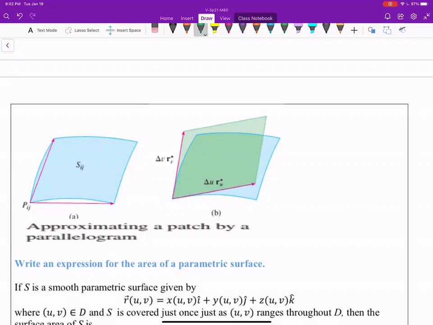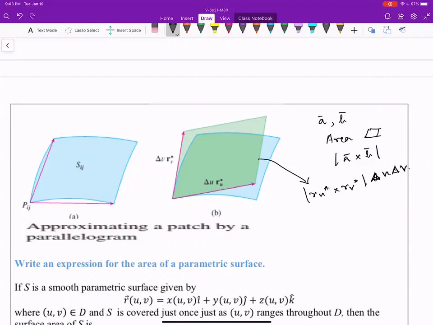We know that we can find the area of a parallelogram formed by two vectors. The area of the parallelogram is the magnitude of the cross product A cross B. The similar idea here: the area of this patch can be approximated by the magnitude of Ru cross Rv, times delta u delta v.